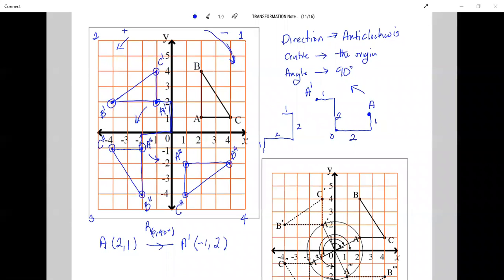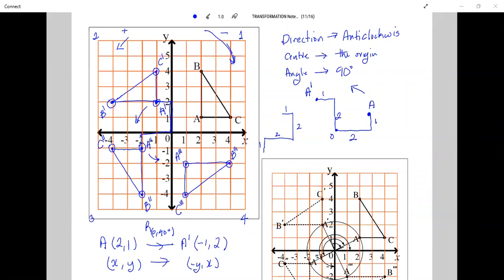So this is saying that in a 90-degree rotation about the origin, the point (x, y) became the point (-y, x).